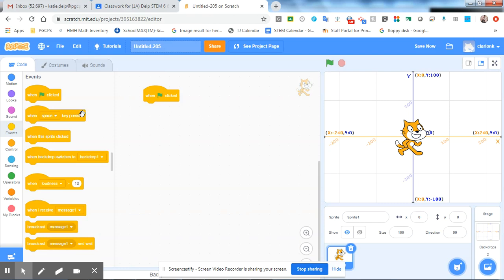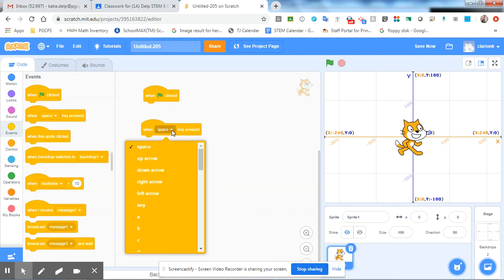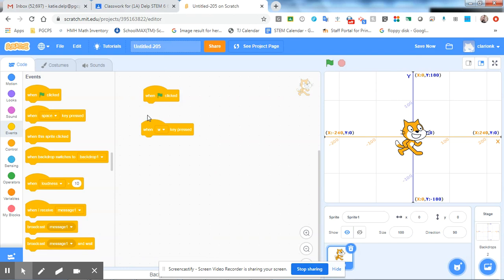So if you want something to happen when a certain key is being pressed, then you can use this block right here, which you'll notice has a drop-down menu. When you click on that little white arrow, you'll see that you have different options for different keys that you can use in this hat block. So if I want something to happen when, let's say, the W key is pressed, I can select W here, and any blocks I put underneath this, they'll take place anytime I hit the W on my keyboard, all right?